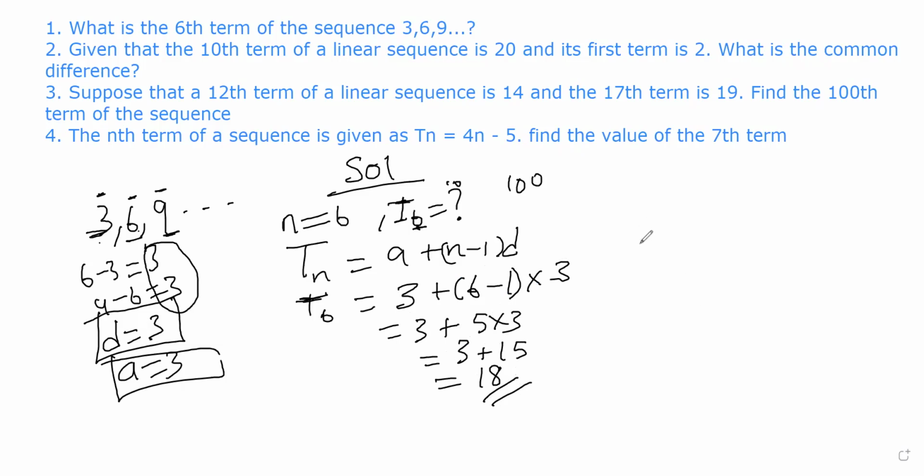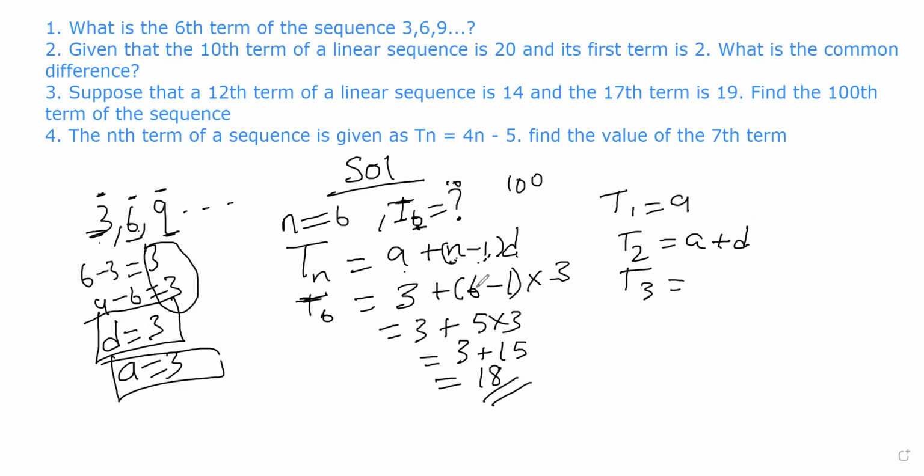Now quickly, to save you some stress, the first term, T1 is A. Second term, T2, N will be 2, right? Because first term, N is 1, 1 minus 1, 0 times D will give you A. Second term here will be A plus 2 minus 1, which will give you 1D.